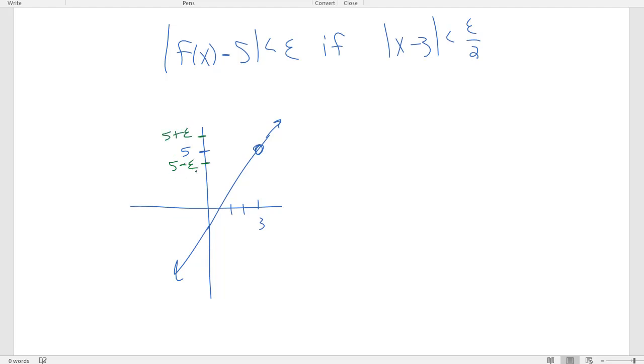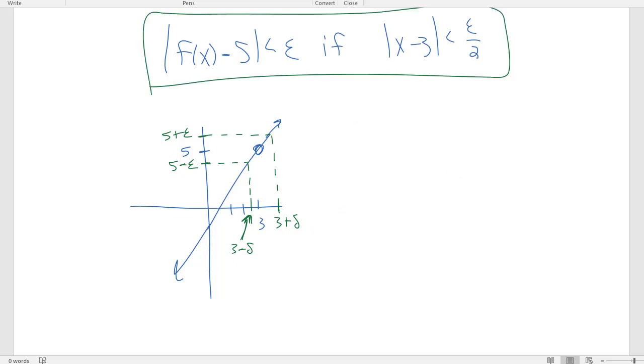So we want epsilon to be arbitrary. And in order to make that work, we look at this number, 3 plus delta, and this distance, 3 minus delta. So in order to get within a distance epsilon of the number 5, we just found out that the delta needs to be epsilon over 2.